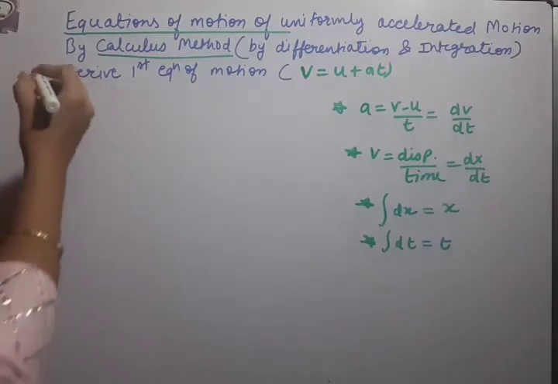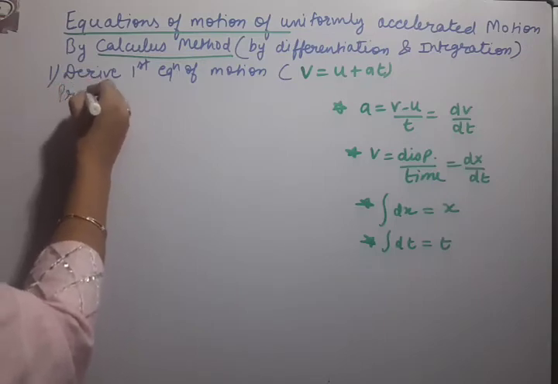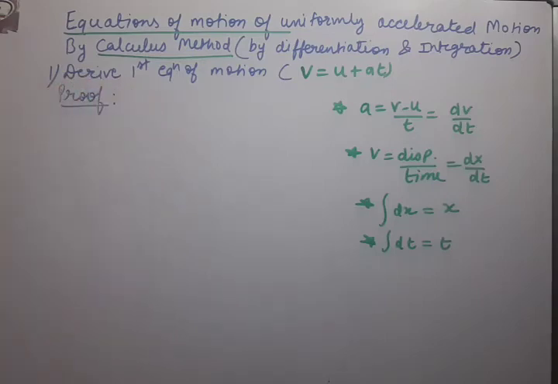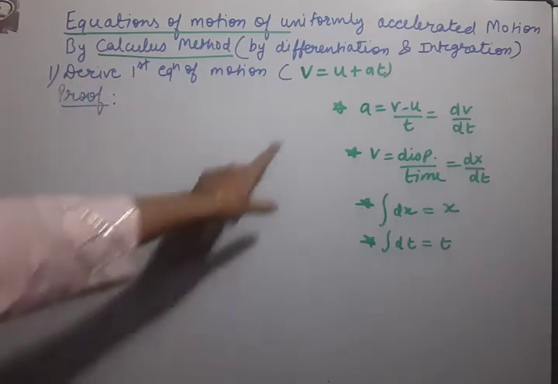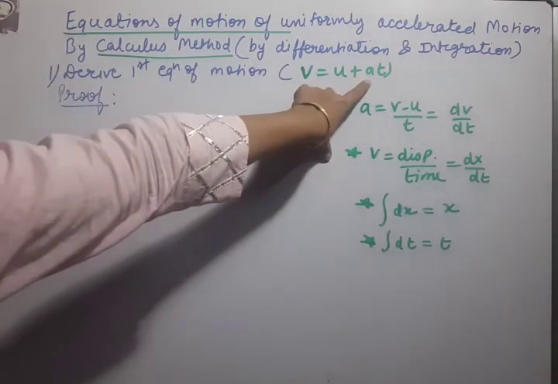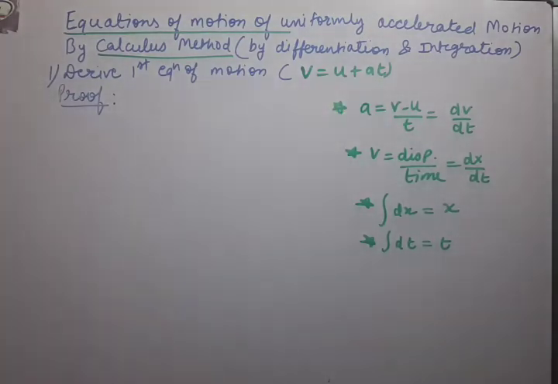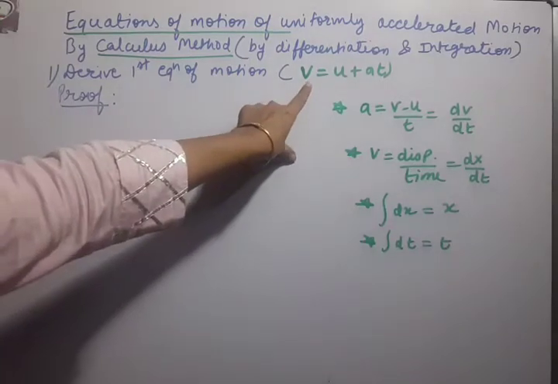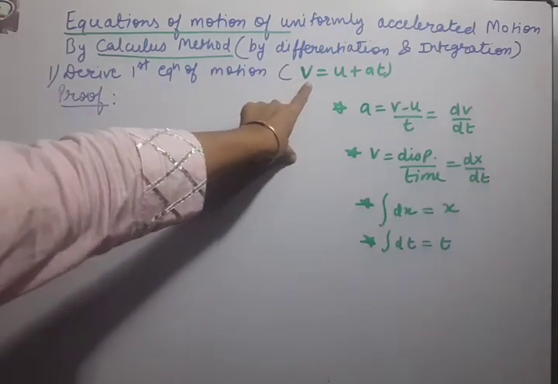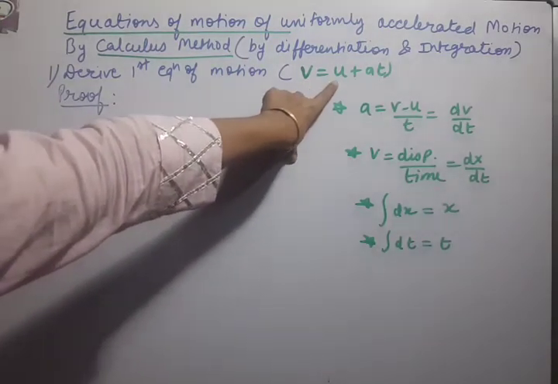Okay, now let us start the proof of our first equation, v equal to u plus at. Now students, if we have to derive any equation, we have to see the target.